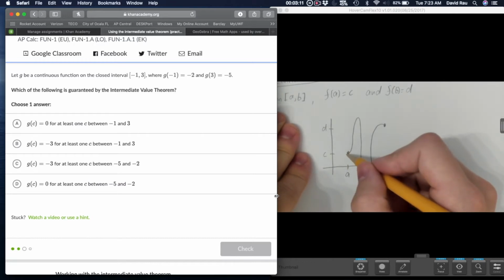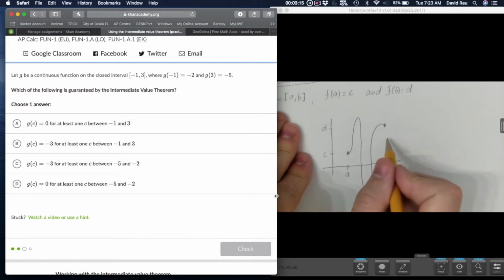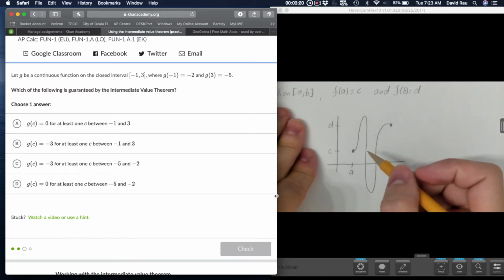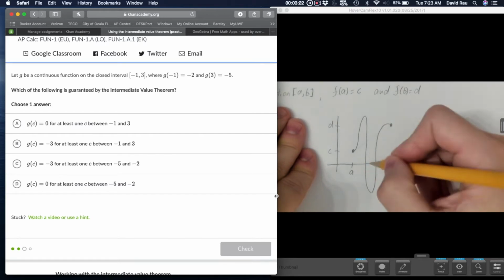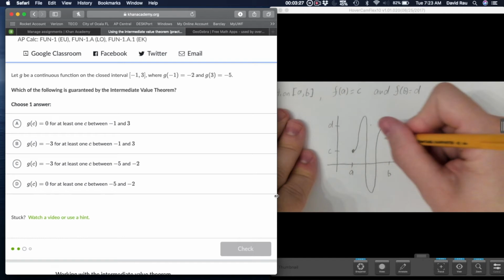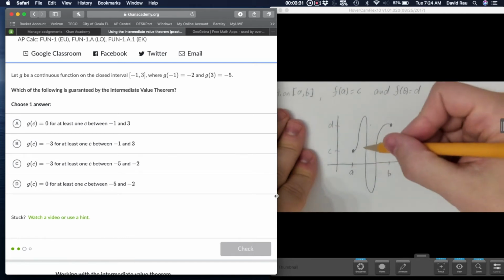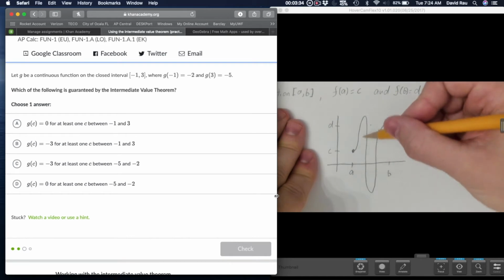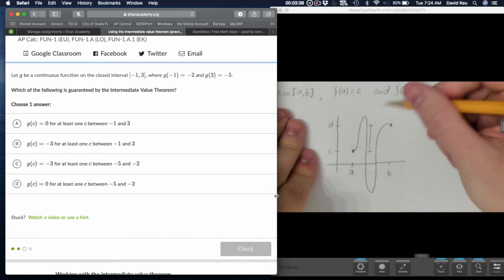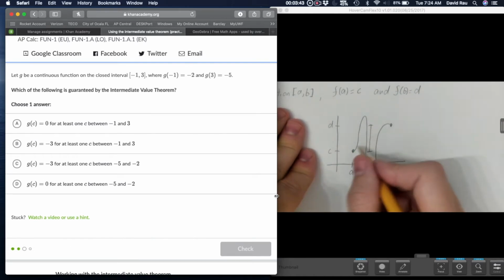As long as your function f is continuous from a to b, then at some point you are going to encounter every y value in between c and d. In other words, because you have to draw a line that never breaks, your y values are at some point going to have to cover everything in between. So all these y values are guaranteed somewhere in between because it's continuous.